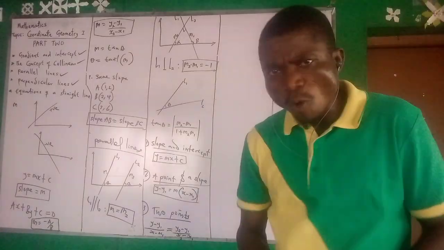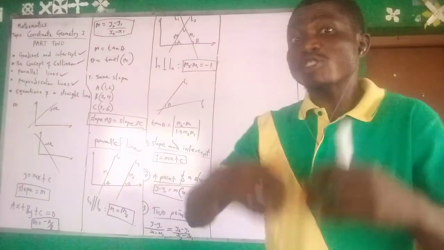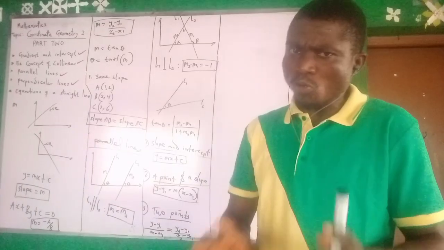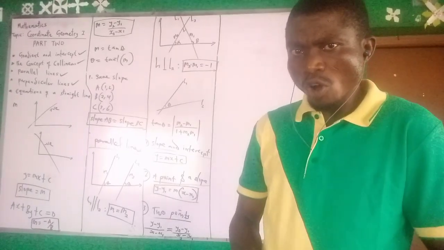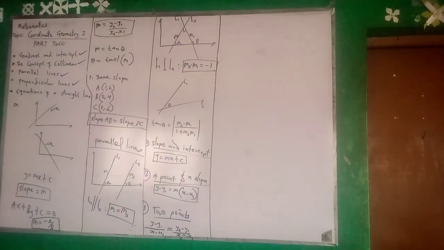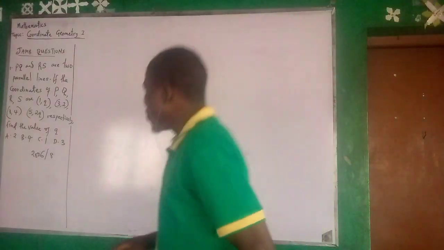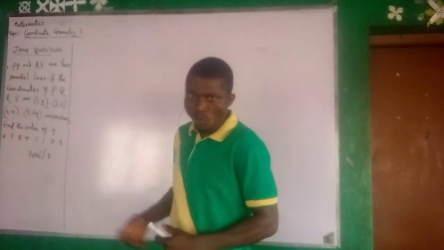Alright, at this point, I shall be taking you into the journey of solving all forms of past questions for Jamb. So stay with me as I take you through the journey. Alright, let's begin with this question.